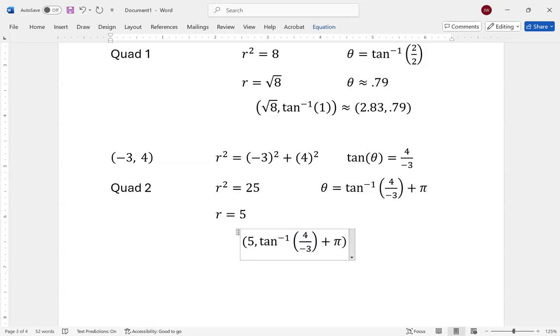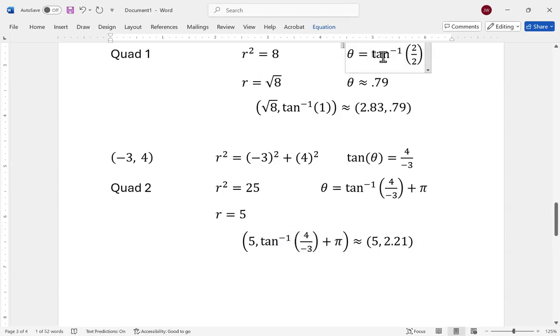Usually I would give an approximation for that. Five is obviously just the r value, and the approximation is about 2.21 when I type this into my calculator. So if we're in quadrant 1, we just use the inverse tangent. If we're in quadrant 2, we use the inverse tangent and then plus pi.